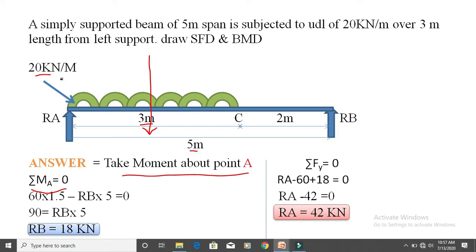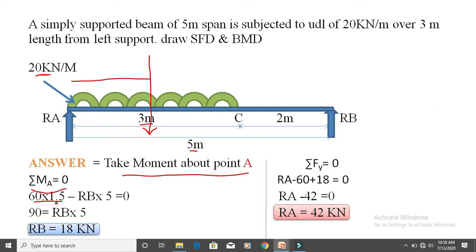So 20 into 3 is 60, and 1.5 means the distance from A is half of the UDL, that is, the total distance of UDL is 3 meters, so half of that UDL distance is 1.5. So it is 60 into 1.5. Again, 60 comes from the UDL value 20 and the UDL's distance 3.